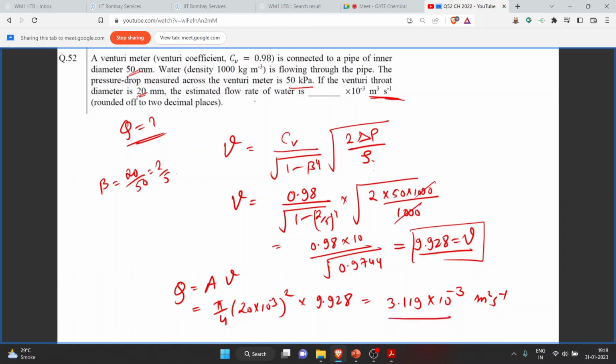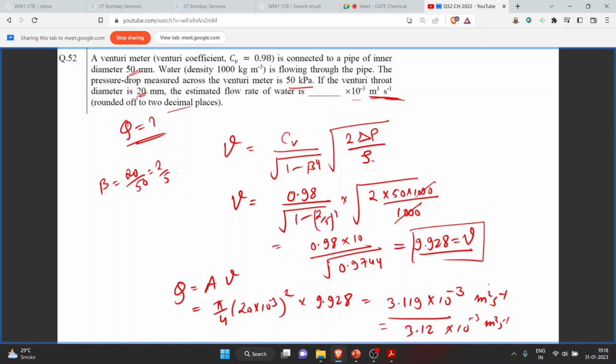In the question, we have been asked to find the estimated flow rate in 10 raised to minus 3 meter cube per second, rounded to 2 decimal places. So we can write it as 3.12 into 10 raised to minus 3 meter cube per second.